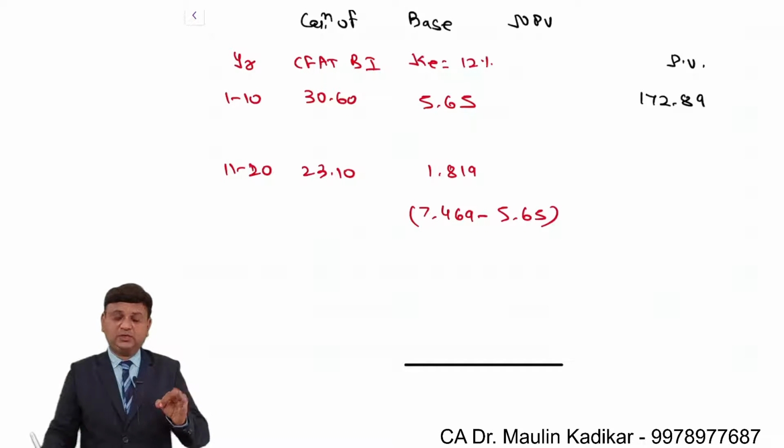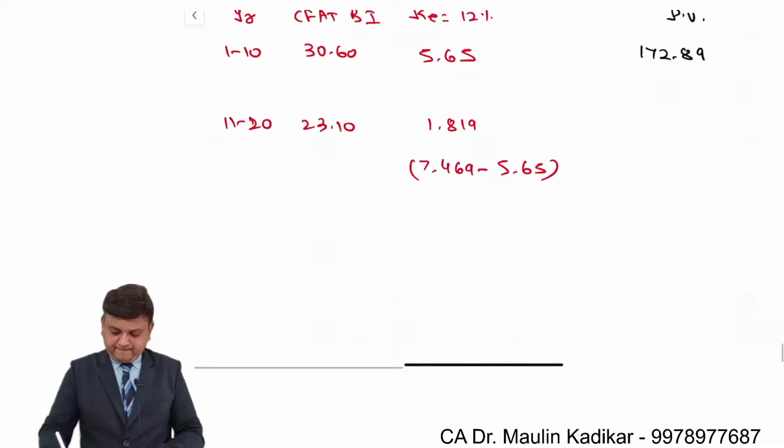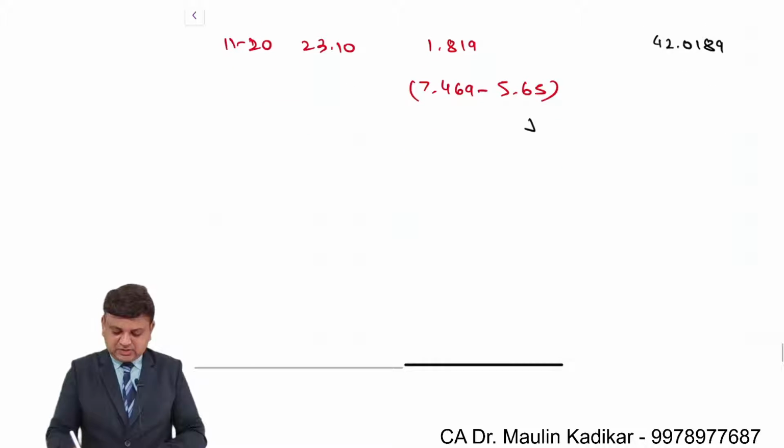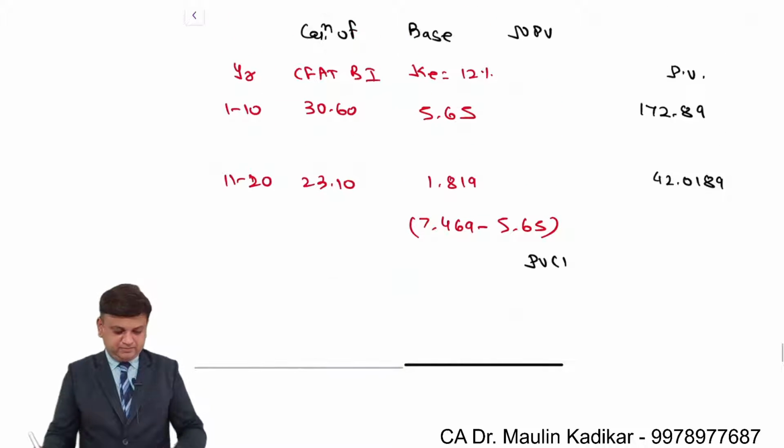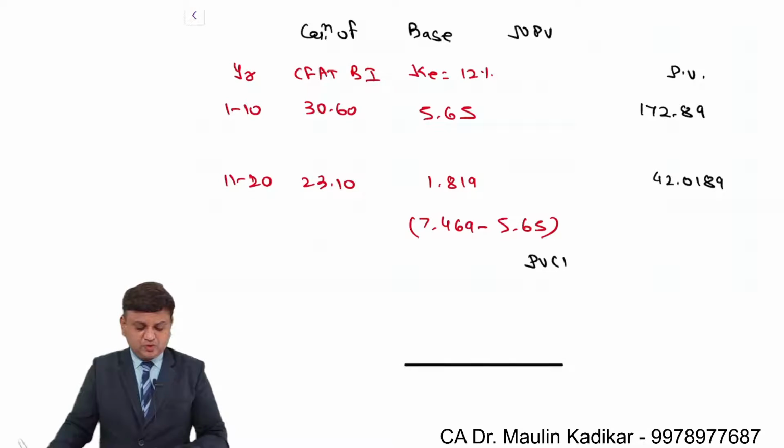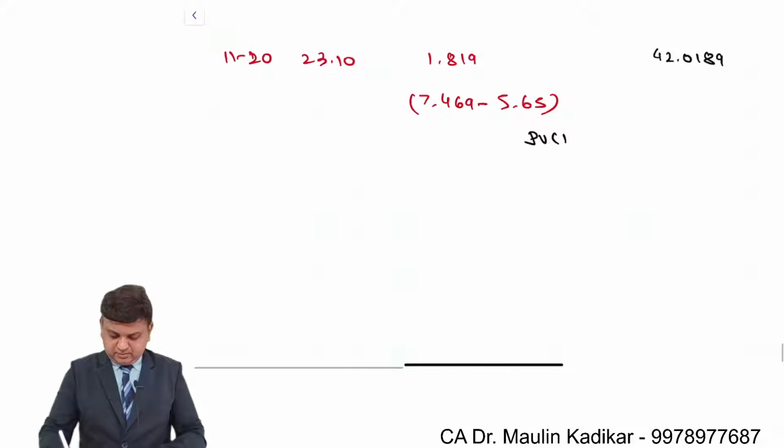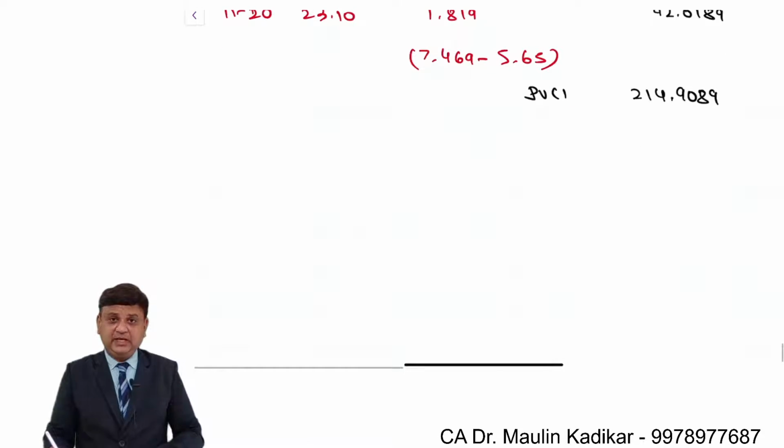So 42.0189. So this is the present value of the cash inflow. That comes to 214.9089. In comparison, the investment is 250.